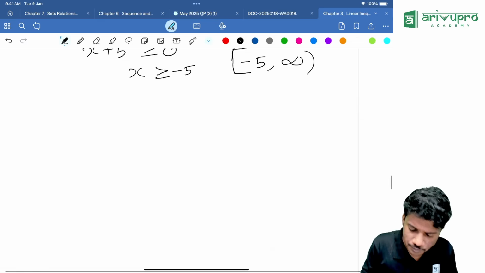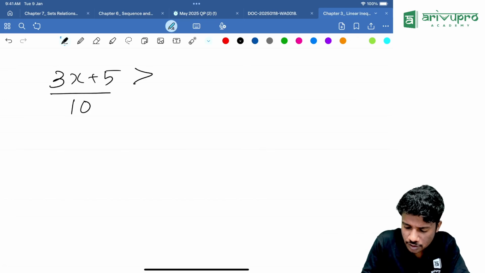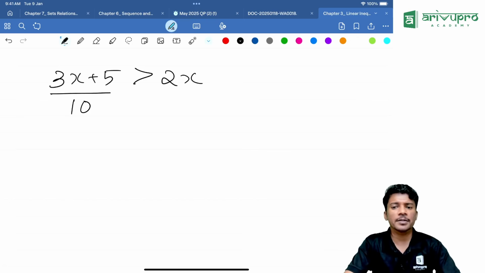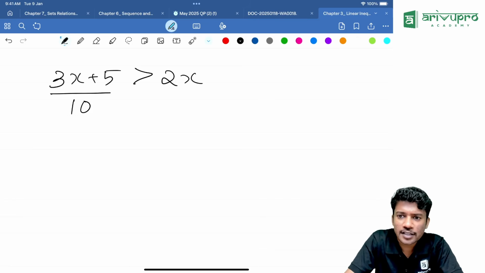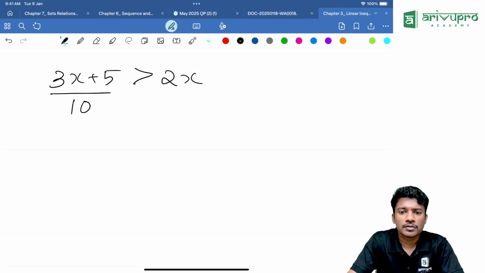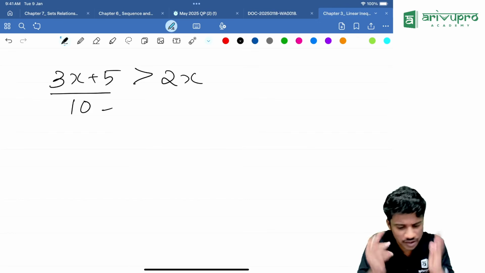Next one. 3x plus 5 divided by 10 is greater than 2x. Get me the answer of x, possible values of x. How to do this? Cross multiply. Just like you are treating the linear equations, treat them like this itself. Cross multiply.